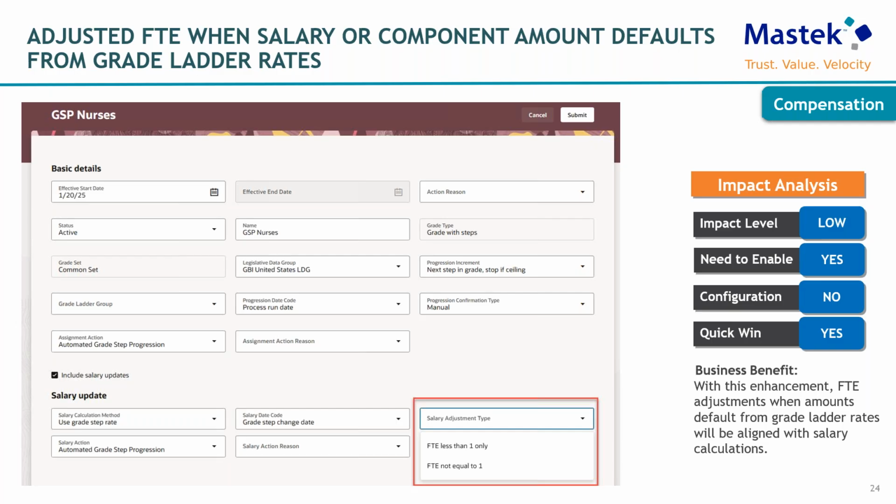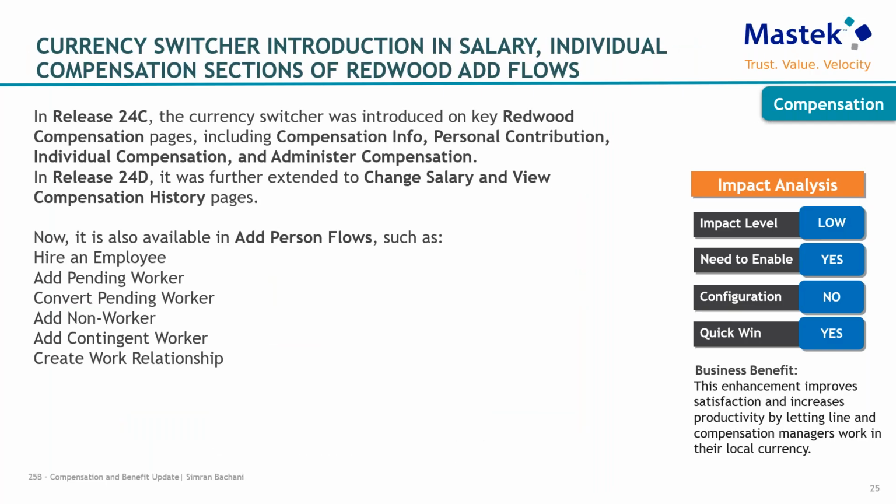The next is currency switcher introduction in salary and individual compensation sections of Redwood HR flows. In Release 24C, the currency switcher was added to Redwood compensation info, personal contribution, individual compensation, and administer compensation pages.